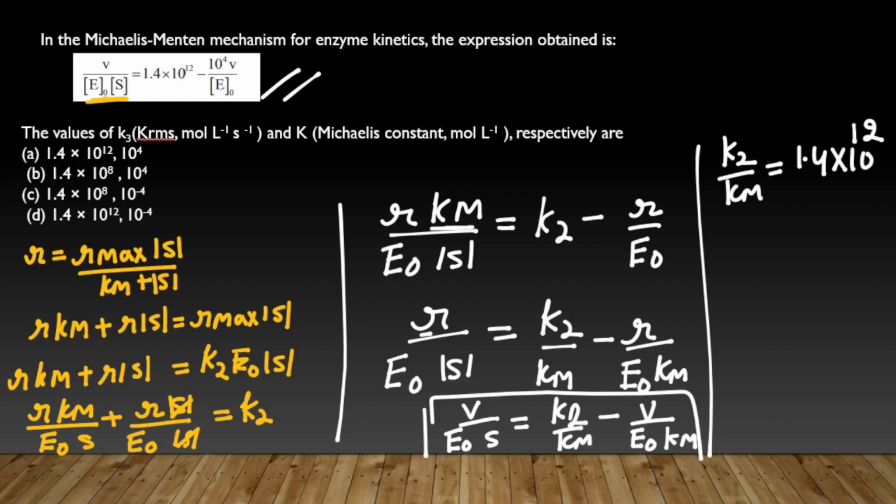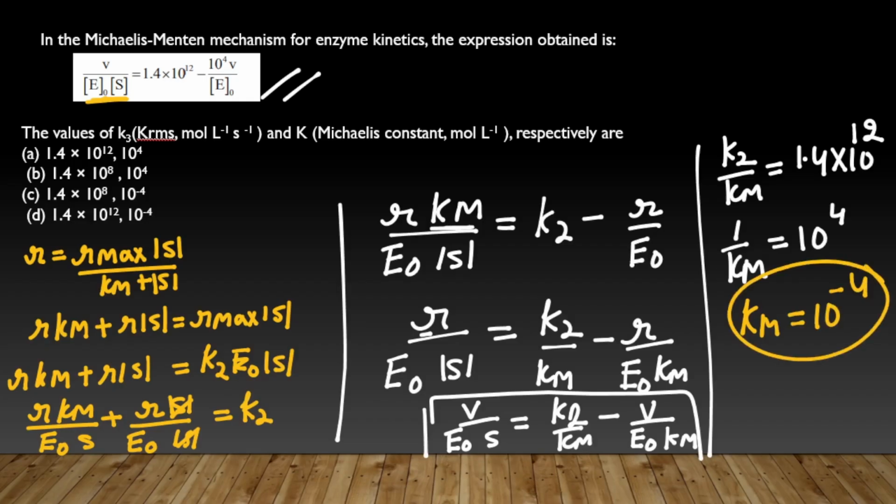And this value, that is 1 by Km, is equal to 10 raised to the power of 4. So compare these two. Km value from here we are seeing is equal to 10 raised to the power of minus 4. So this was one of the things we had to find, that is the Michaelis-Menten constant.